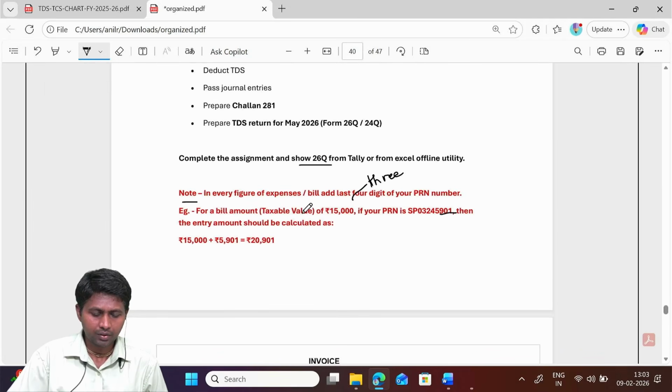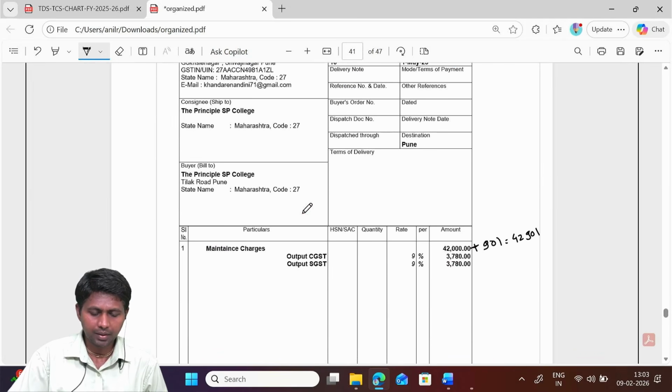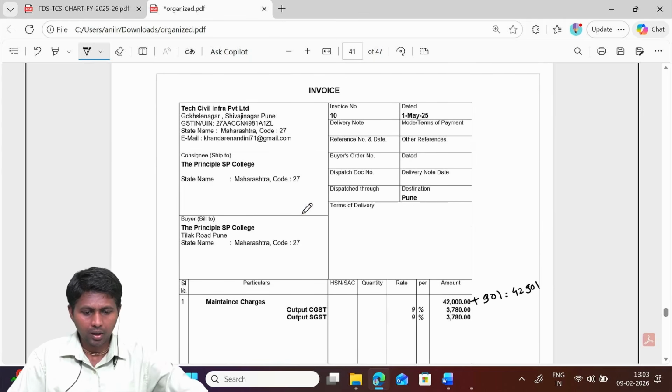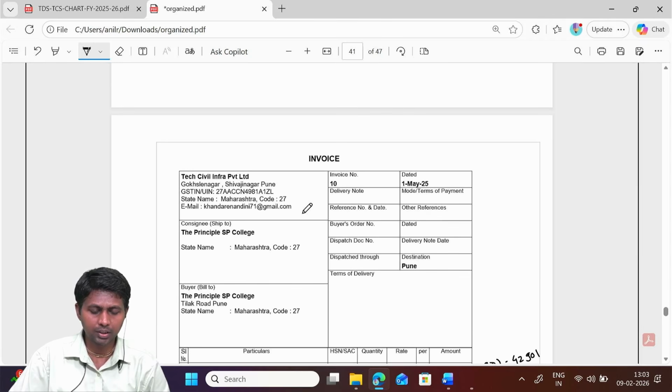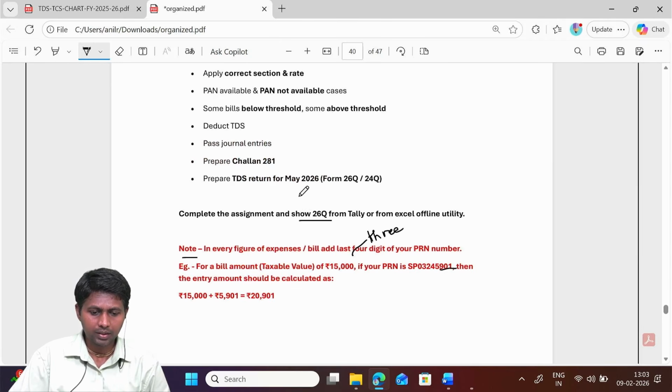Now, as students, what must you present to your teacher to get the marks? You are required to present these challans, either take printouts of these challans or show the teacher the soft copy. Then in Tally you will get the 26Q.